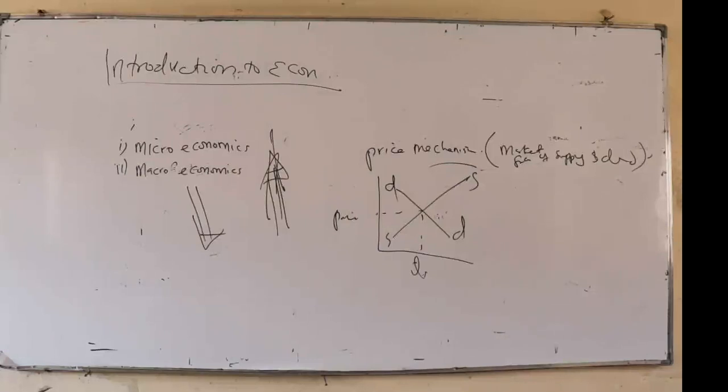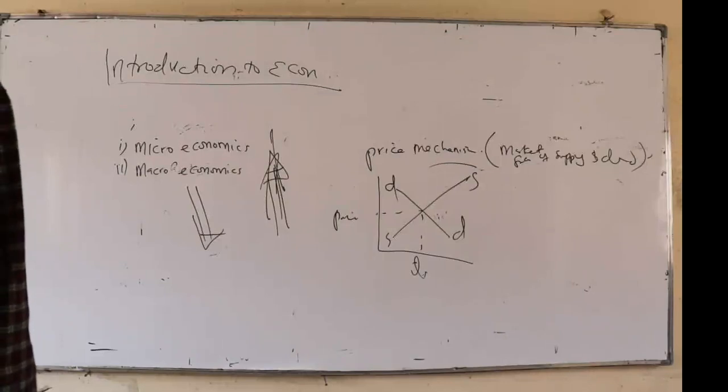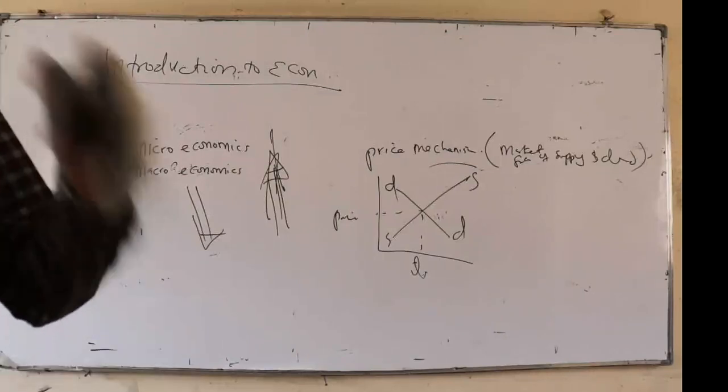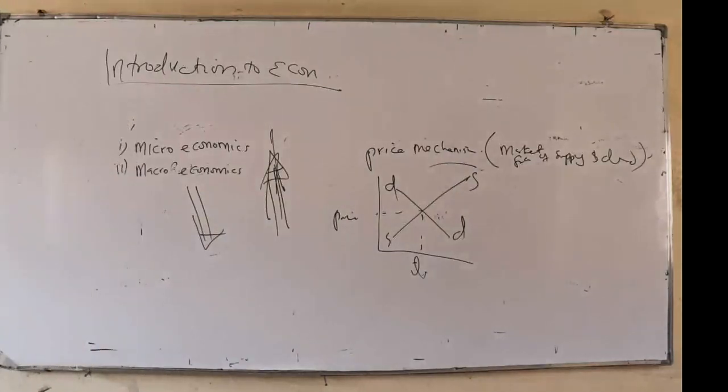So what are we saying? We have already said when the price is going up, more will be supplied, and when the prices are going down, less will be supplied. Again, when the price is going down, the demand will also be high. So there is also that aspect of flexibility.